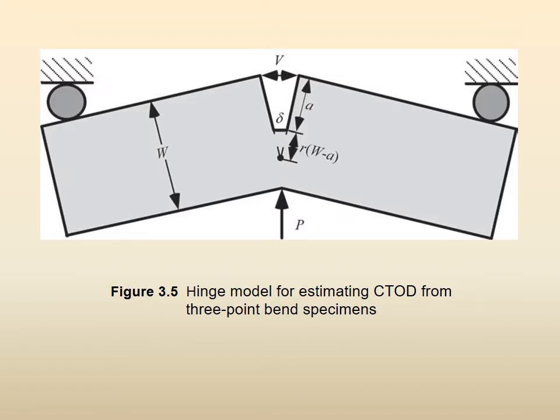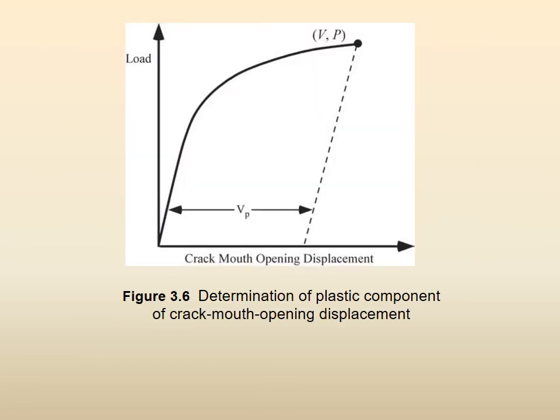We give you this hinge model: small delta is what you have to find out, but you don't want to put the gauge inside, so you very easily measure this V, and then from similar triangles you find an equation for the actual value of delta under a load P, of course, and the width of the specimen. And finally we showed you this diagram of variation between load and the crack mouth opening displacement or crack tip displacement, that it behaves almost in the shape of a stress strain diagram, right. So here is where we stopped last time.